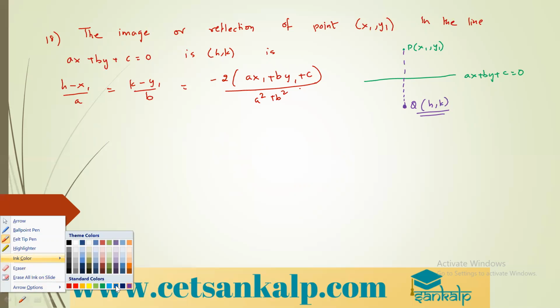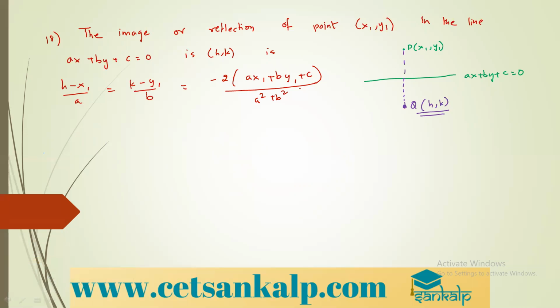So coming to the question where we can apply this. The 18th question asks for the image of the origin with respect to the line 4x plus 3y minus 25 equal to 0.